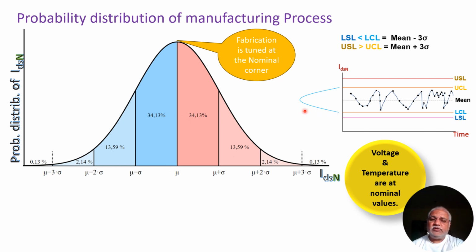In the previous parts we have covered this in detail, and this represents the process capability index. Coming to the next part, by considering different corners for drain to source current of NMOS and of PMOS for different PVT conditions, based on the process conditions, we will be creating different device models.